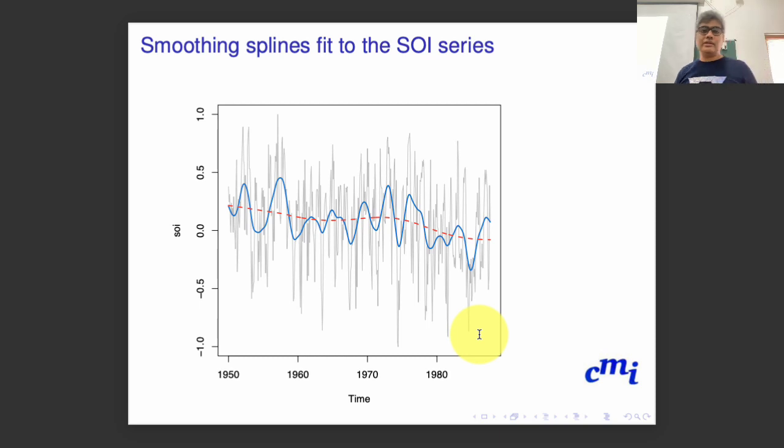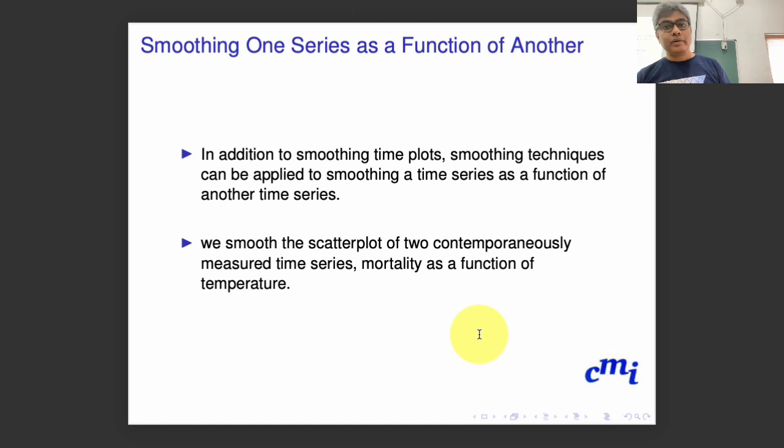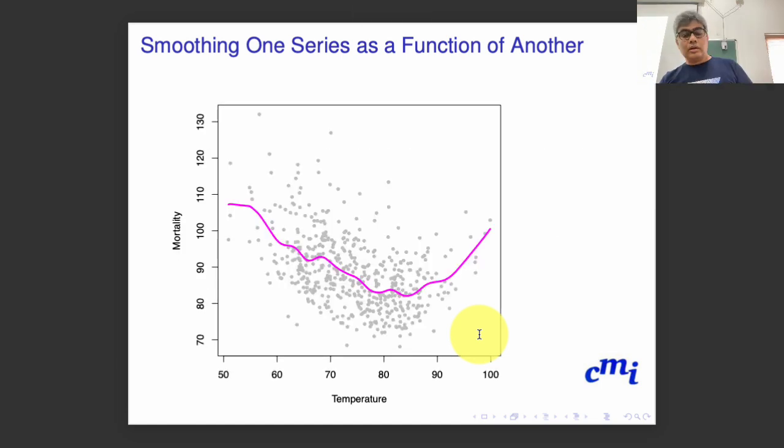So the fitted spline line is something like this, which I think is much better. Now you don't have to always use a spline as a function of time. You can model it as a function of another variable also.